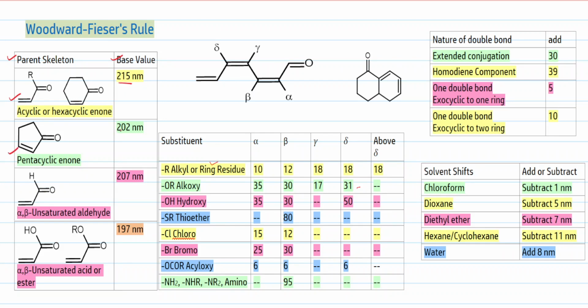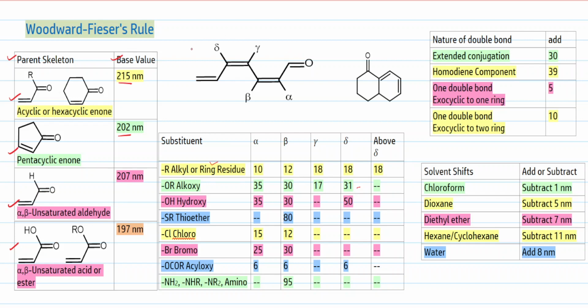For five-membered ring enone, 202 nanometer. For alpha beta unsaturated aldehyde, 207 nanometer. Whereas for alpha beta unsaturated acid and ester, 197 nanometer is the base value. Then, in addition to this, in case of substituents, we have to consider their position in the compound.